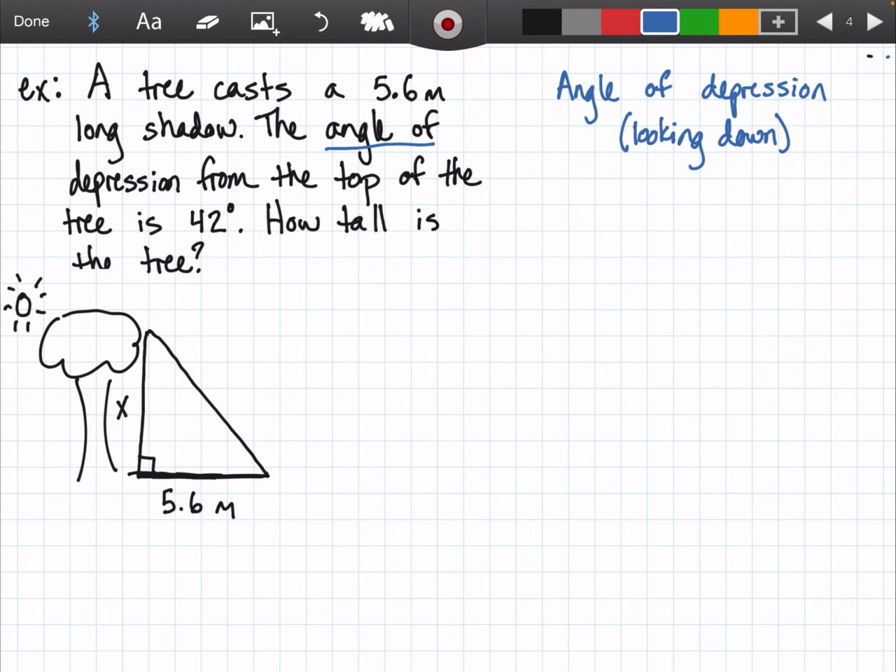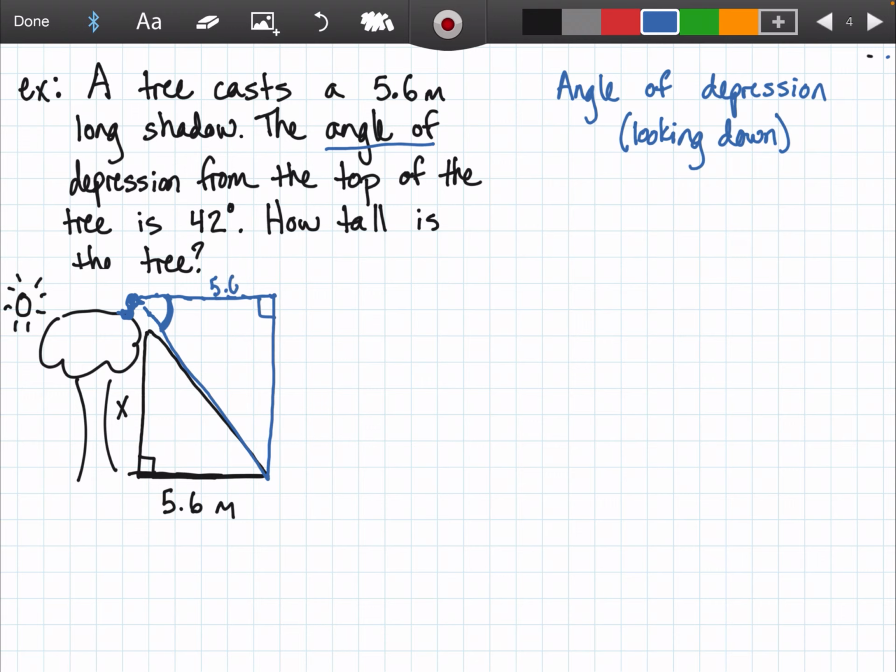So from the top of the tree, if there was a bird right here in the top of the tree, it's a blue jay, obviously, and the bird is looking at eye level, and then he looks down. This is my angle of depression. And so, angle of depression usually comes with an upside down triangle, like so.